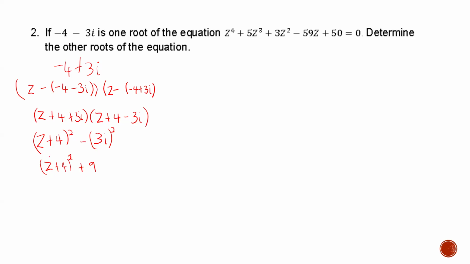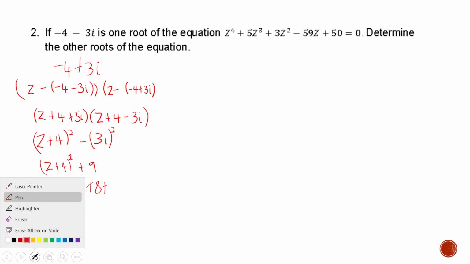As we were saying, so we're going to open up this equation here. z plus 4 squared plus 9 to give us z squared plus 8z plus, no, let's see.